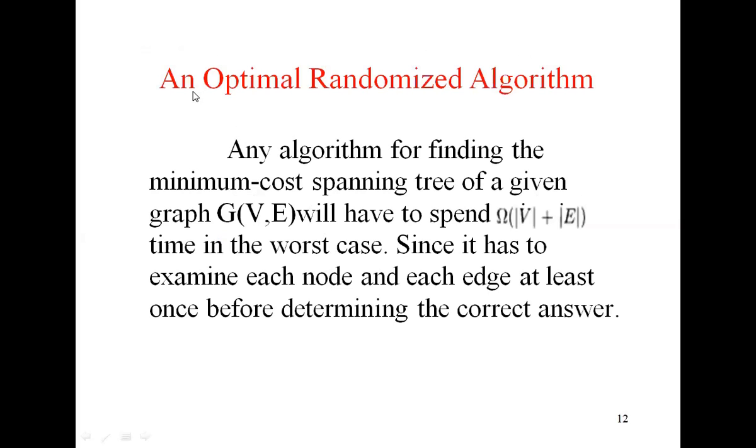So our main topic is an optimal randomized algorithm. What is this? Already you know what a randomized algorithm is. Now optimal means a feasible solution, that is, following the constraints, and also the best one. Any algorithm for finding the minimum cost spanning tree of a given graph G(V, E) will have to spend Omega of V plus E time in the worst case.